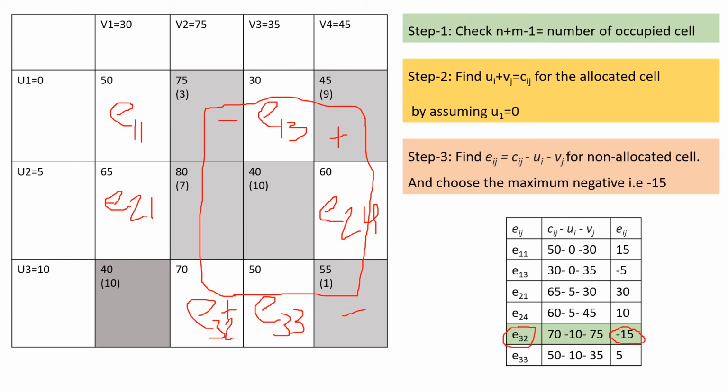So 1 is less than 3. So let's add 1 on the plus signs and subtract 1 on the minus signs. Here it becomes 0 when we subtract 1, and here when we add 1, it becomes 10. When we add 1 to 9 it becomes 10, and we subtract 1 from 3, so it becomes 2.